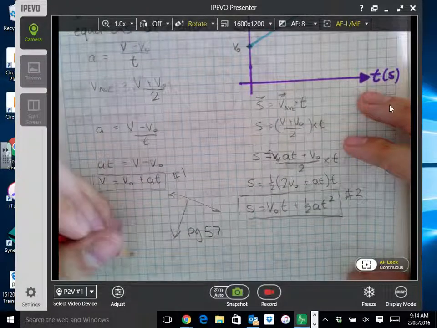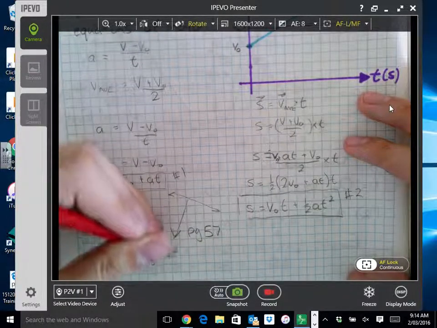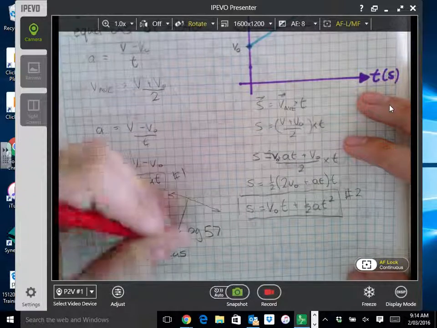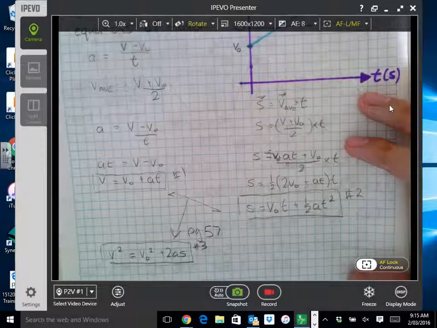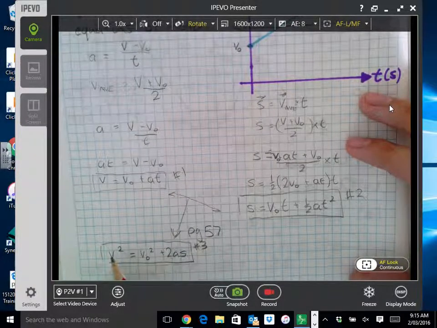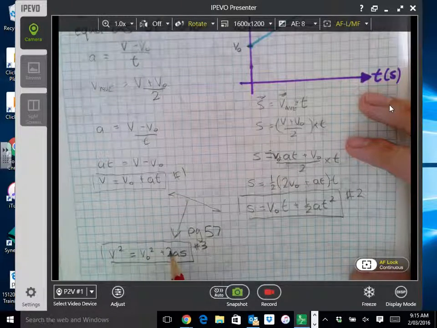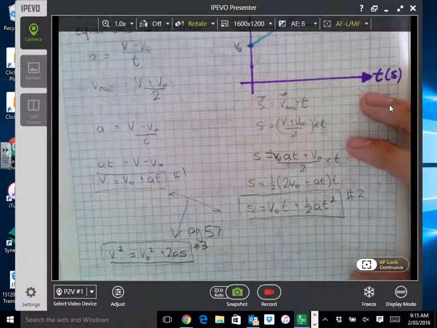V squared equals V naught squared plus 2AS. That's equation 3. So that one says final velocity squared equals initial velocity squared plus 2 times acceleration times displacement. Okay. So now I've gone and summarized all of these over here.